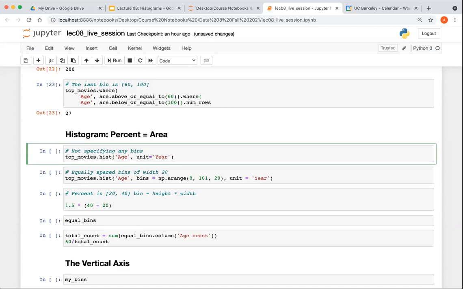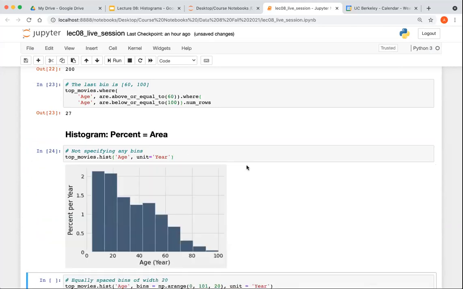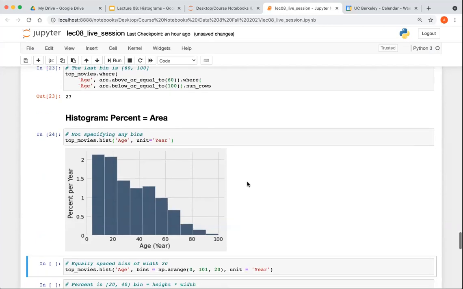The units are years. I'm not actually going to specify bins so that you can see what hist does by default. What hist does by default is it takes the minimum value, which was 4, and the maximum value, which was 100, and then makes 10 equal width bins in that range, right? And then it draws its figure.